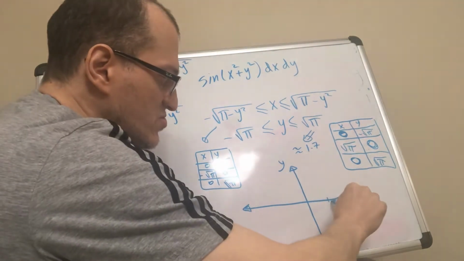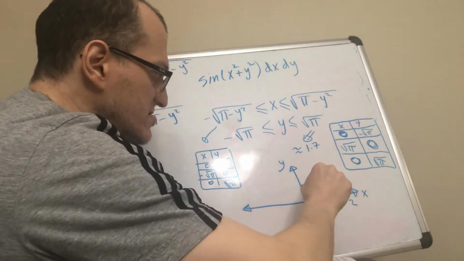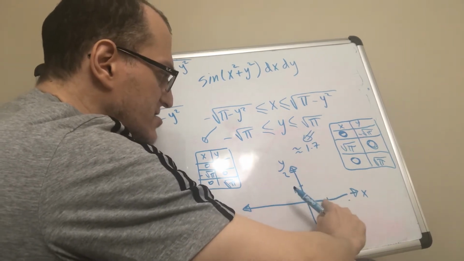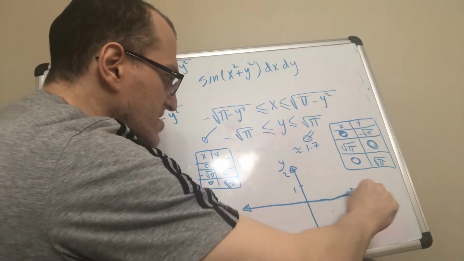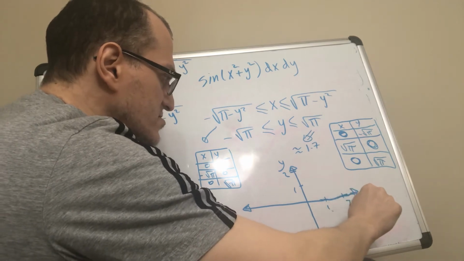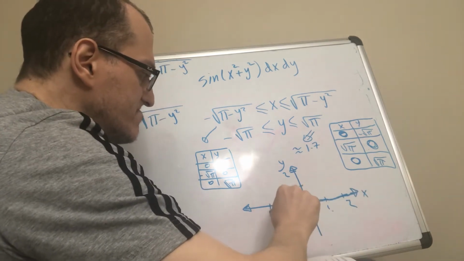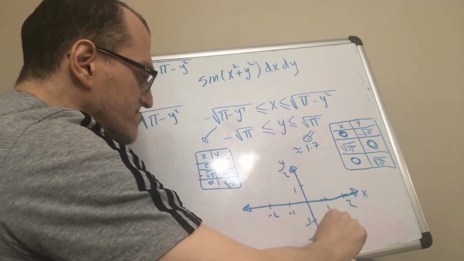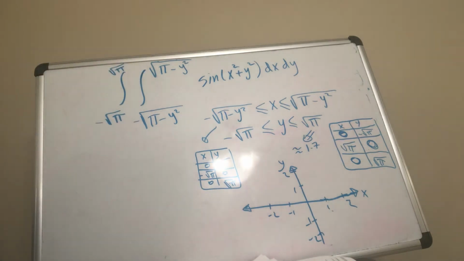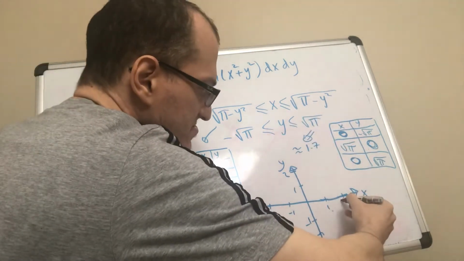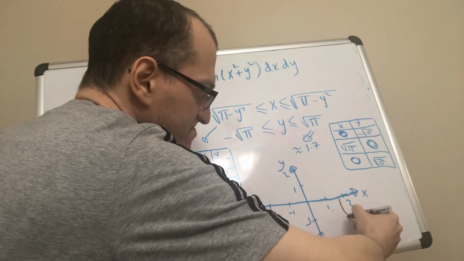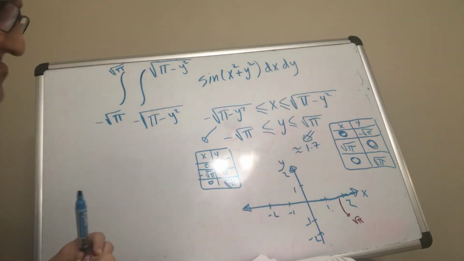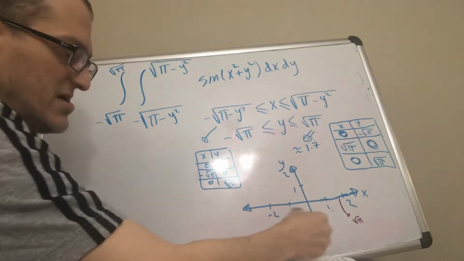If we say this is 1, this is 2, this is 1, this is 2, just be as accurate as possible. This is 1, this is 2, this is 1. If I know that root pi is roughly here, if it's positive, because it's less than 2 by a little bit, it would be less than 2 everywhere.